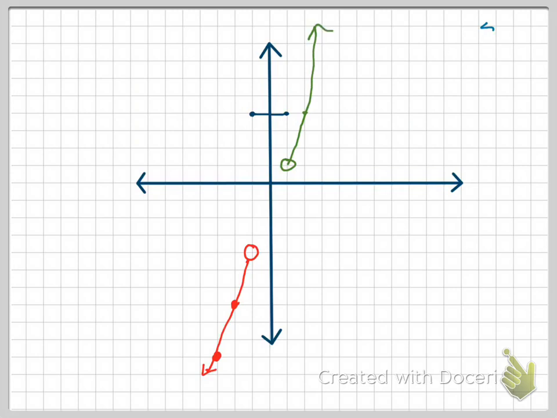What are these called? Piecewise functions. So if you need more help on piecewise functions, this is from chapter 2. Piecewise functions is what you want to look for.